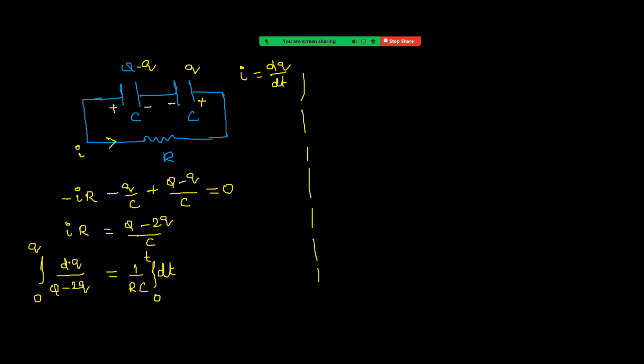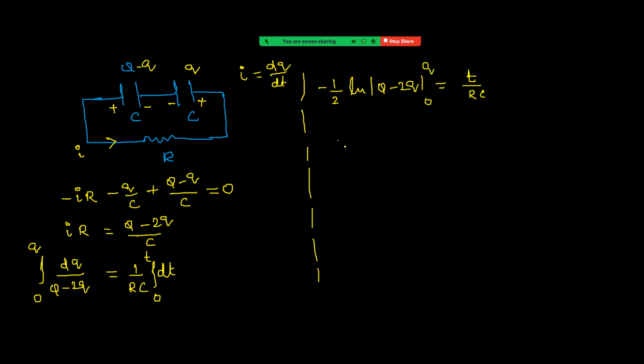Right, now see what happens here. Integration of this one gives minus 1 by 2 ln of Q minus 2q, that is equal to t by RC. Okay. Now take limits 0 to q.